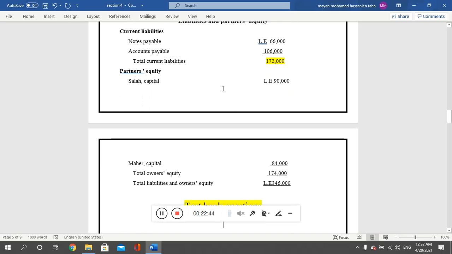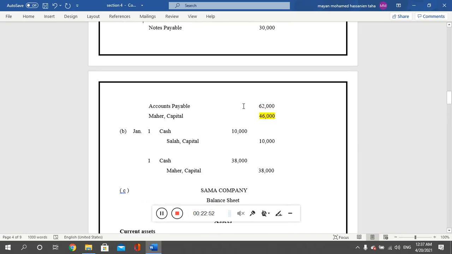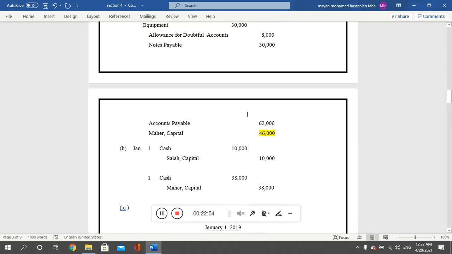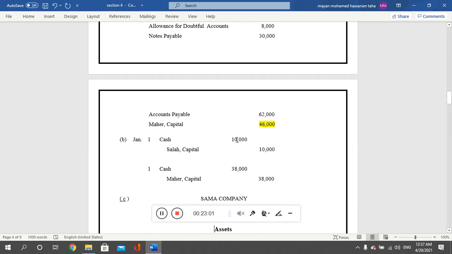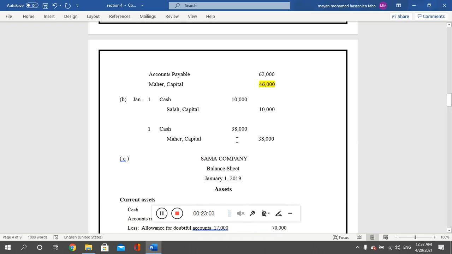Maher also will transfer assets and liabilities, so the amount of his capital will be $46,000. And he will also make an additional investment by cash of $38,000, which will increase his capital.